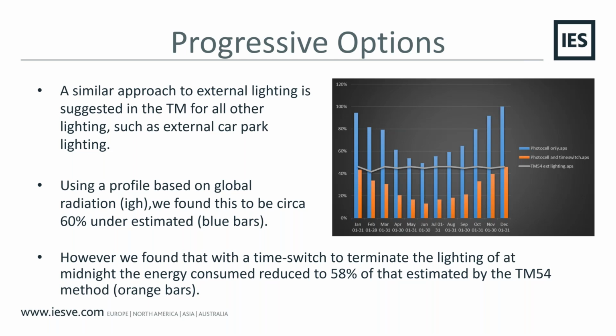However, we then found that should the designers decide to include a time switch to terminate the lighting, in this case at midnight, and then make the lighting again available at around 5 AM, the energy consumption reduced to 58% of that by the TM54 method. Again, this is using the operational study to assist in developing the design thoughts in collaboration with the designers.